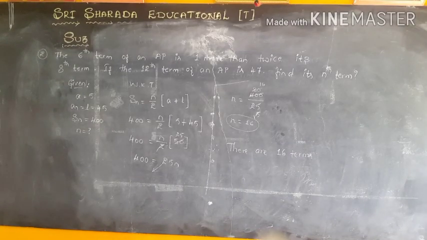So the question is like this: the sixth term of an AP is 1 more than twice its eighth term. If the 12th term of an AP is 47, find its nth term.